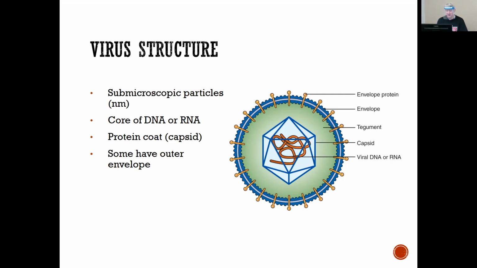They have protein coats, they have a capsid, and then they have an outer envelope, and that's usually where you see most of the goodies, like envelope proteins with coronaviruses. Those stick out like crowns, so that's how it gets its name. But that's a virus. So hopefully you've seen this before, and you understand that there is DNA or RNA in them and what that means. So we'll take a look at them.